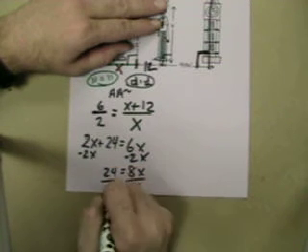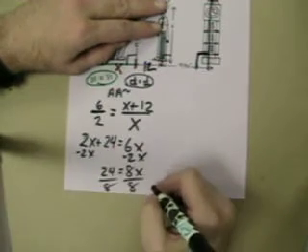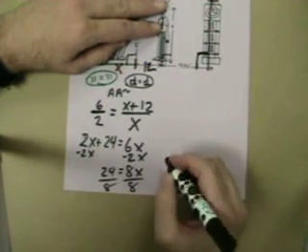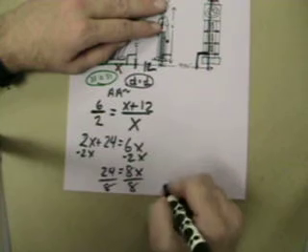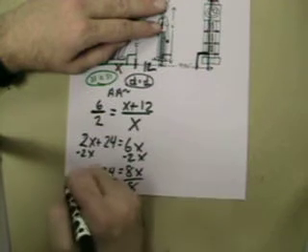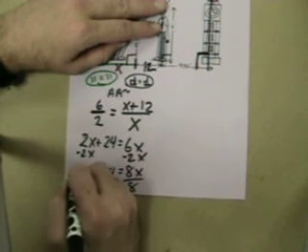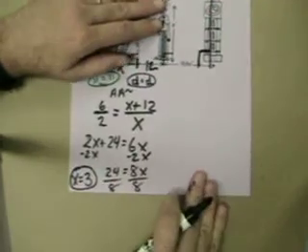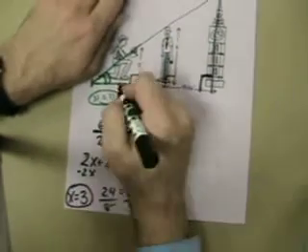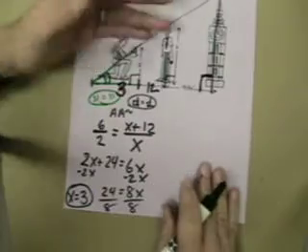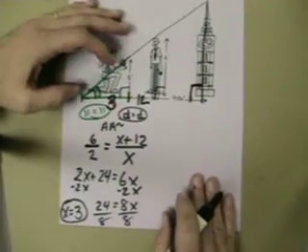Divide by 8, and we get x equals 3. So I'm going to plug that in right here. Now I'm ready to find out how tall Big Ben is.